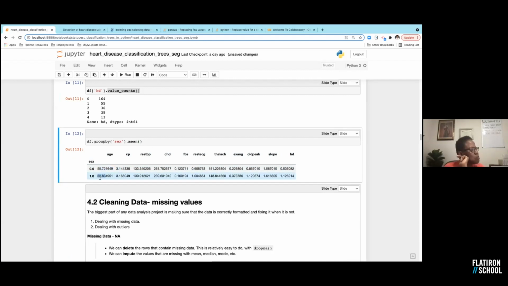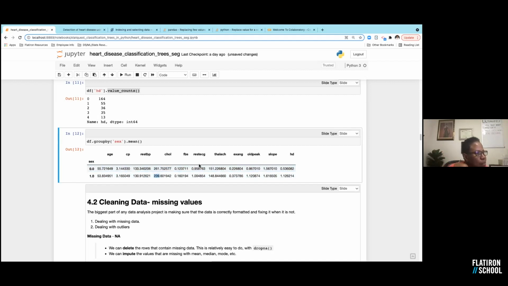And the average male is 53.83. And you can get all the other measures and see how they compare to each other. So not much difference for the chest pain. The cholesterol, the women have a higher average cholesterol than the men. So you see the 261 and the 239.